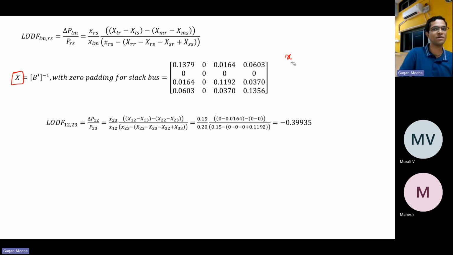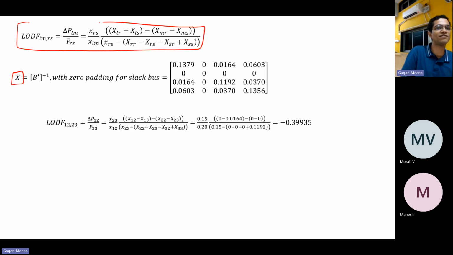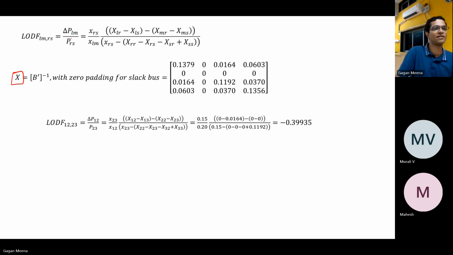Okay, is this fine up to this point? Here we can see the formula, which you need to remember for calculating LODF. Delta PLM is the change in flow on the line which we are monitoring, and RS is the line which is under outage.